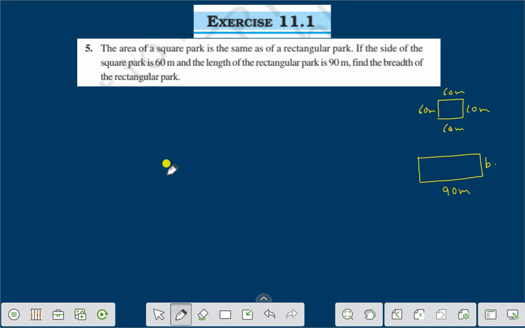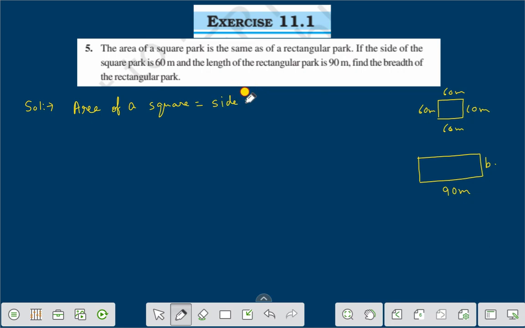Now, first of all, we find the area of the square park. We know that area of a square is equal to side into side, or L square.